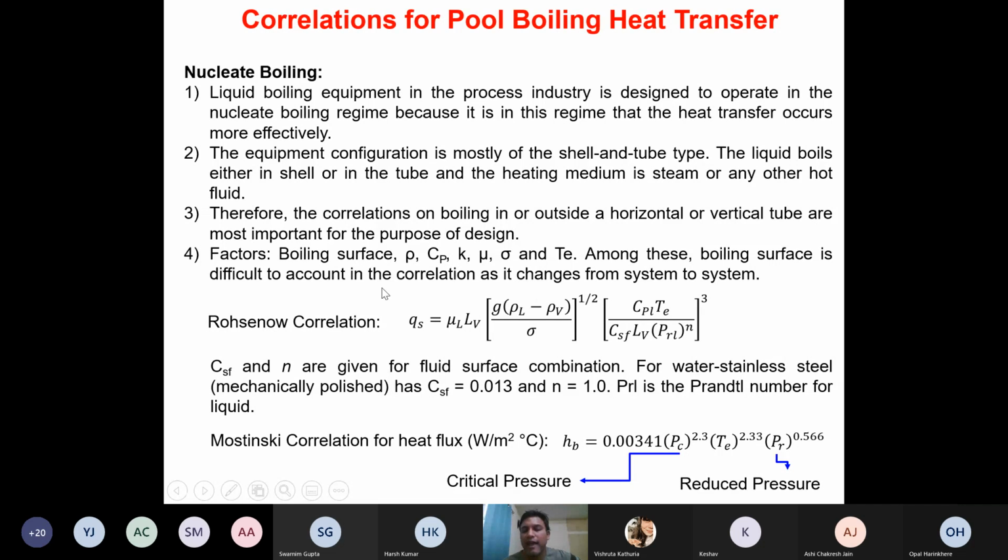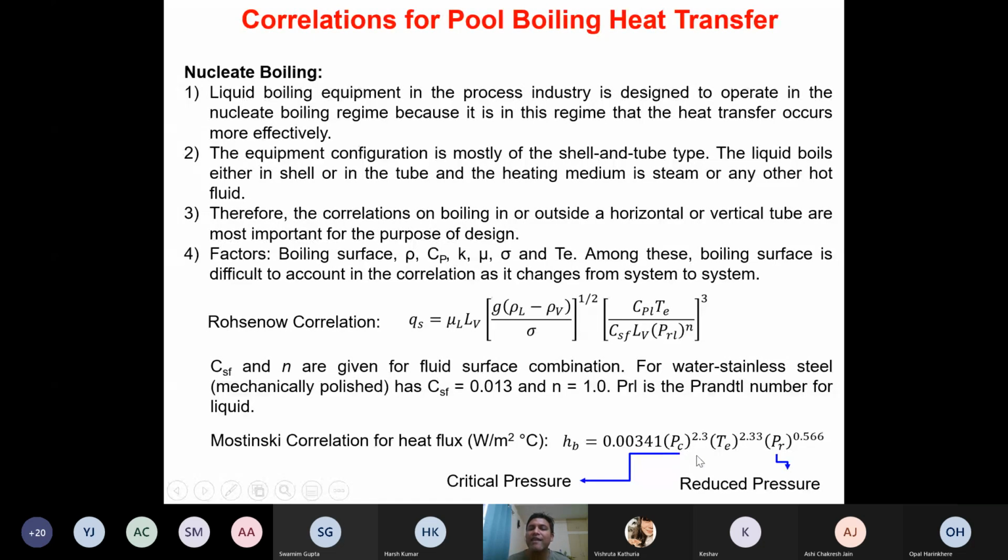Okay, but as I said, this equation is more accurate, but a little bit more complicated because so many parameters are required. So there is one more correlation which is given by Mostinsky. This is the correlation given by Mostinsky, which requires only 3 parameters: critical pressure, reduced pressure, and excess temperature.